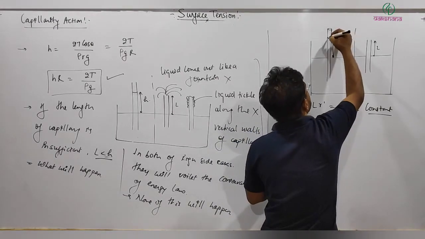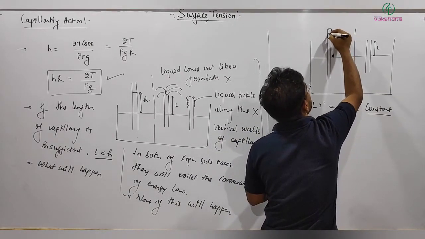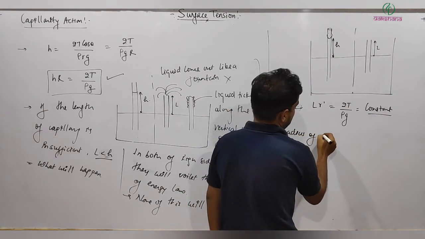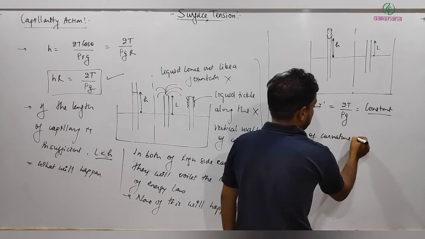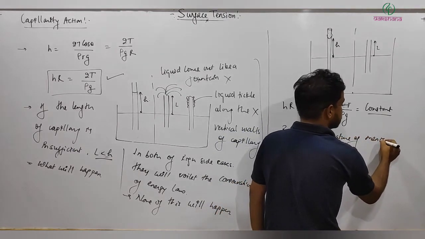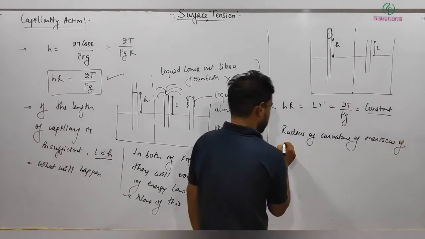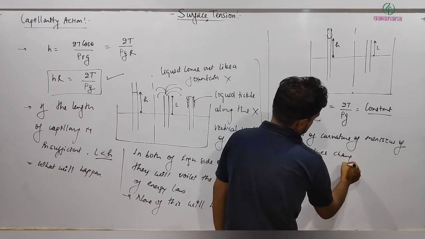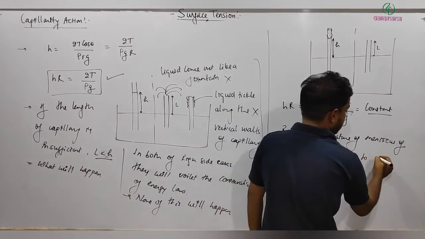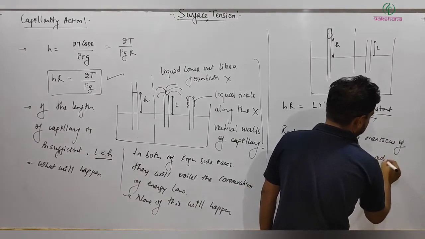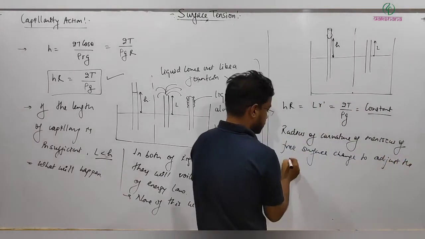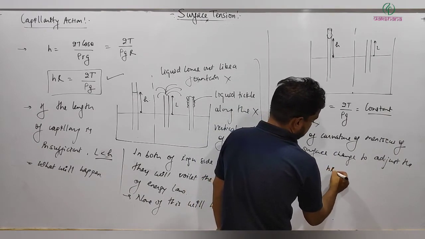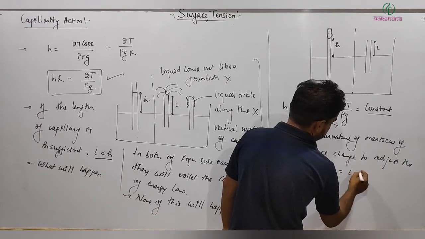So the radius of curvature of the meniscus of the free surface changes to adjust; the product h r must remain equal to L times r prime.